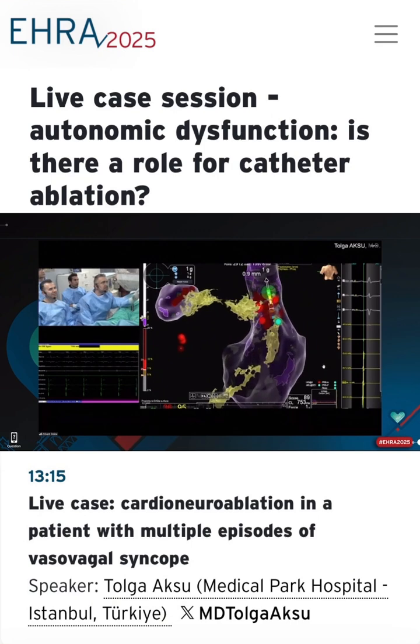Yes, you are seeing we ablated the right superior GP via both left atrium and right atrium. Final heart rate is 80 BPM. At the beginning of the procedure heart rate was 58 and now 80 BPM. We didn't apply atropine.